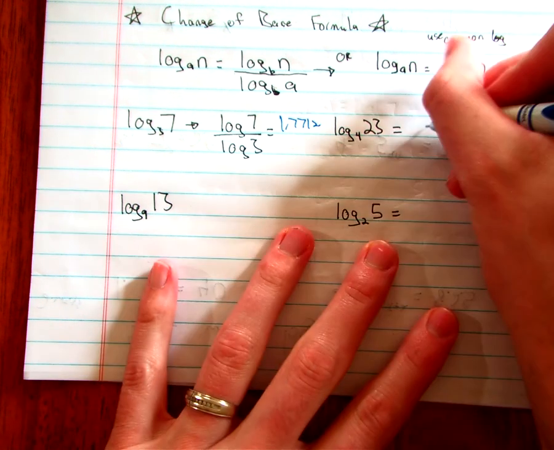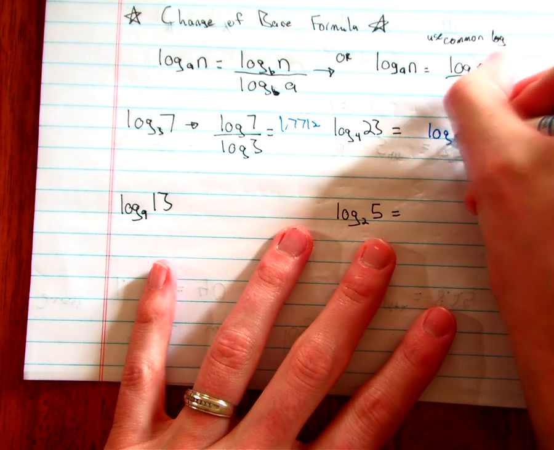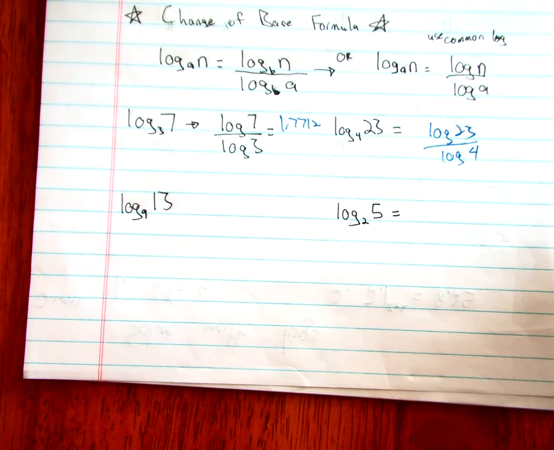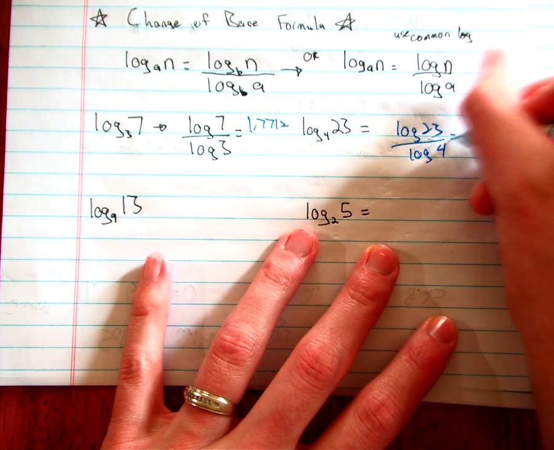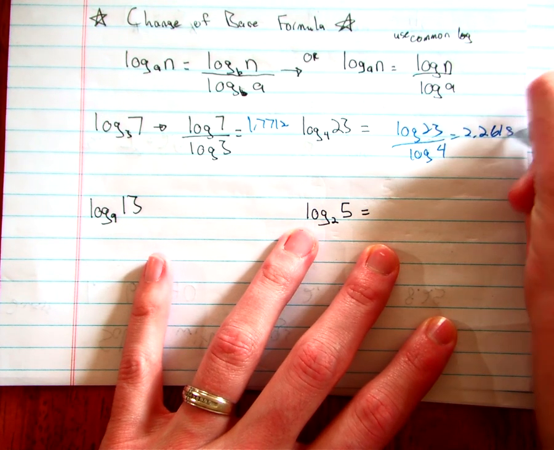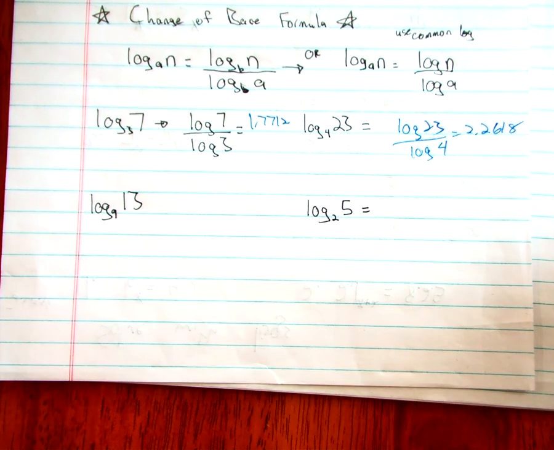Okay, so you need to show log of 23 over log 4. Make sure you're closing those parentheses or you're going to get wrong answers. 2.2618 after you round.